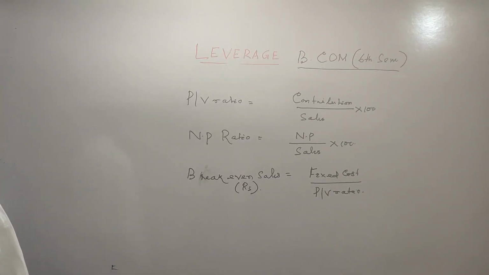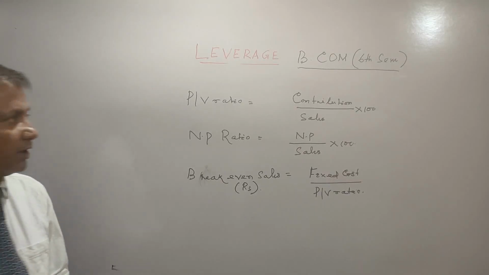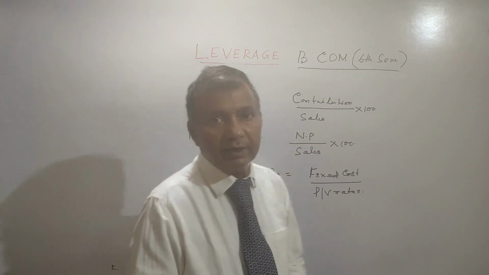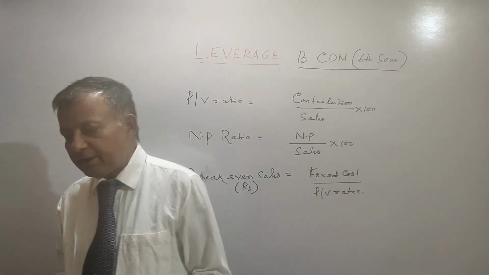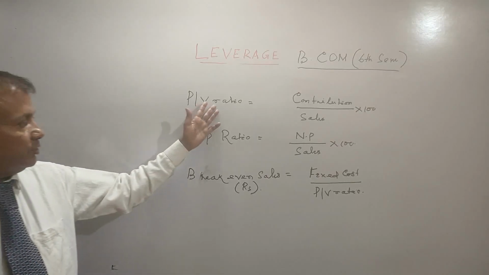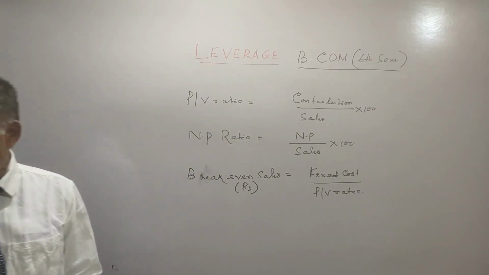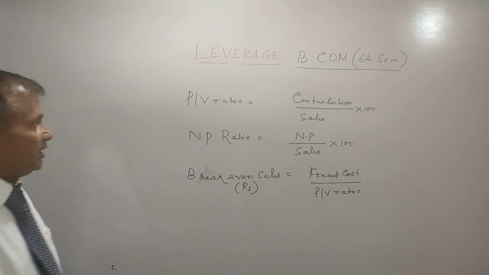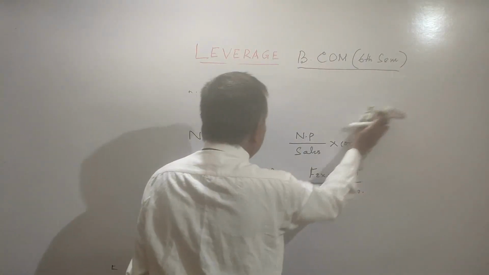They have got the same profit and you are required to compute the operating risk of the firm. The operating risk of the firm can be computed with operating leverage, degree of operating leverage, PV ratio, net profit ratio, break-even sales. So let us start with the problem.